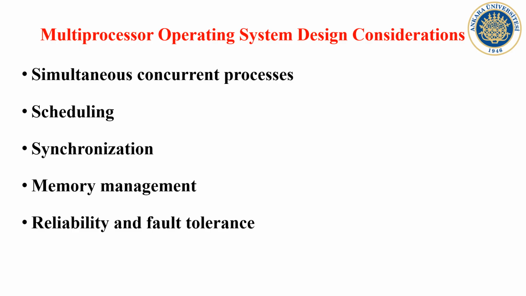And scheduling. The OS must assign ready processes to available processors without conflicts. And then synchronization. The operating system must control access to shared memory and input and output resources. Memory management: the operating system must ensure consistency across all processors. Reliability and fault tolerance: the system should continue working even if one processor fails.